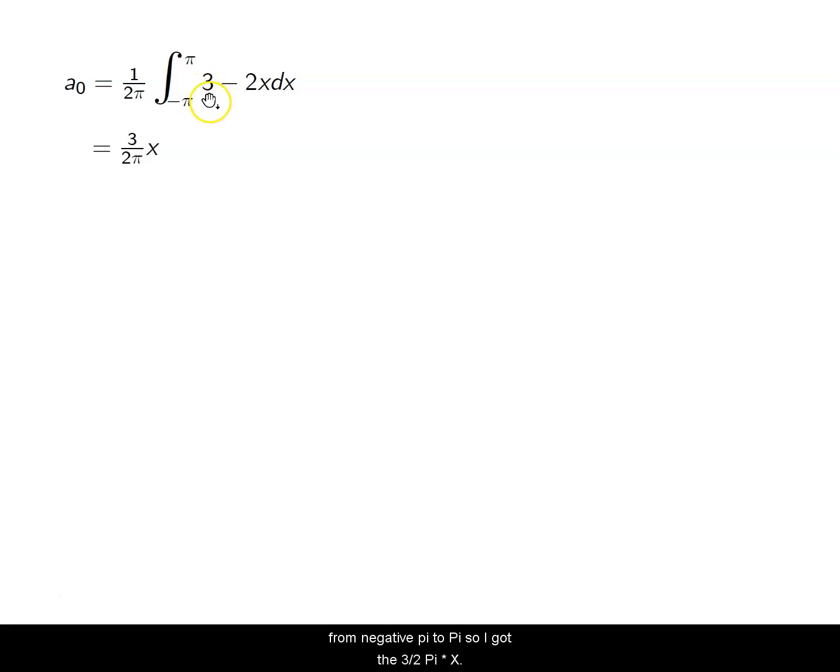So I got 3/2 pi times x. Here, the 1/2 will cancel with this 2, so I'll be left with x squared times 1/2 pi, evaluated from negative pi to pi. So just plug in our values to see what we get, and we should get out a value of 3. So my constant term is 3.